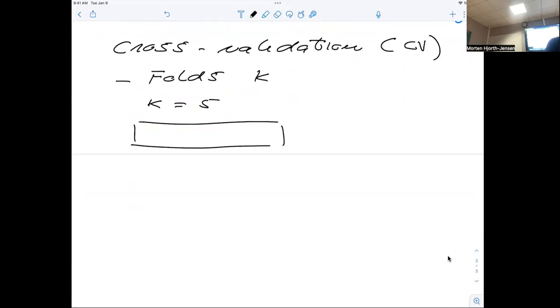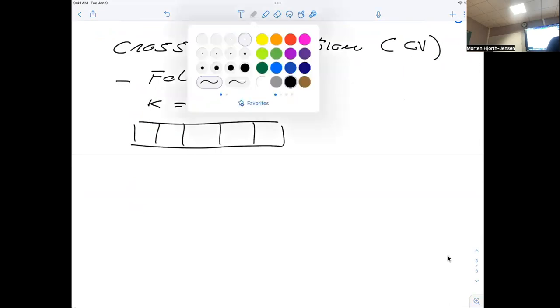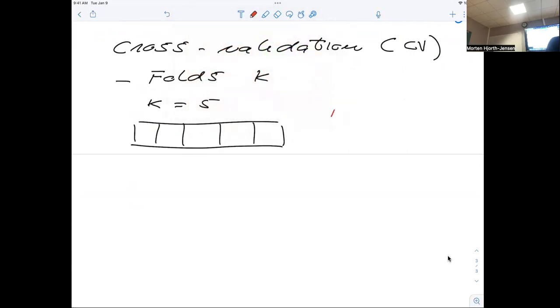You would split your data into 5 slots. I'm going to use colors here, so the test data is in red, and I use the orange one for train data. So the first 5 slots now could be train, and the final one would be test.